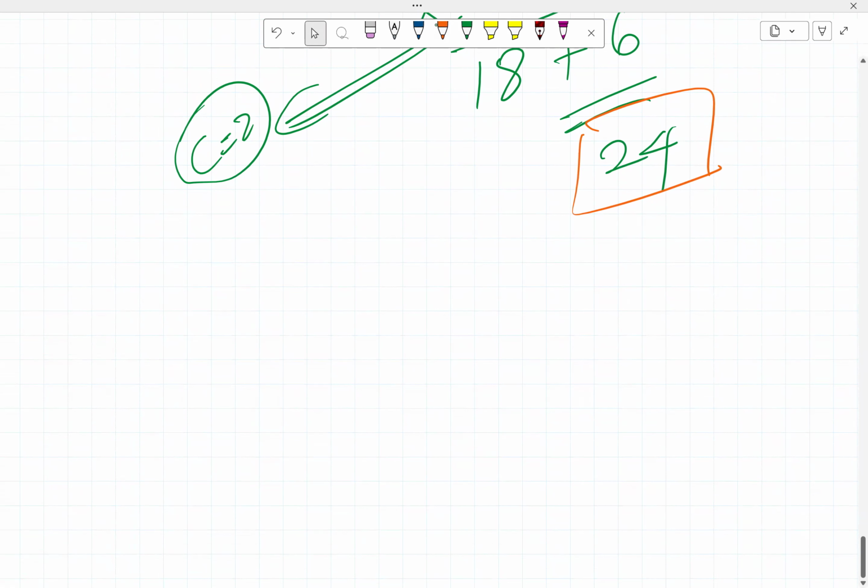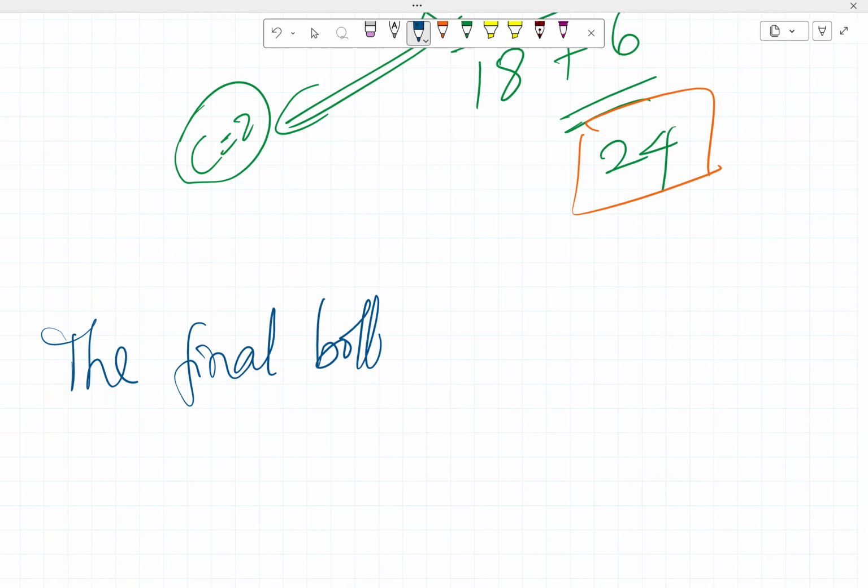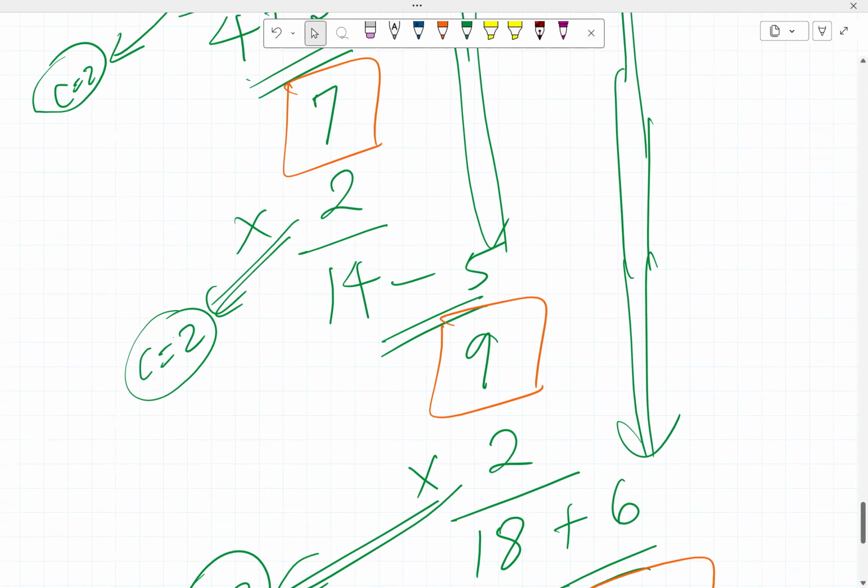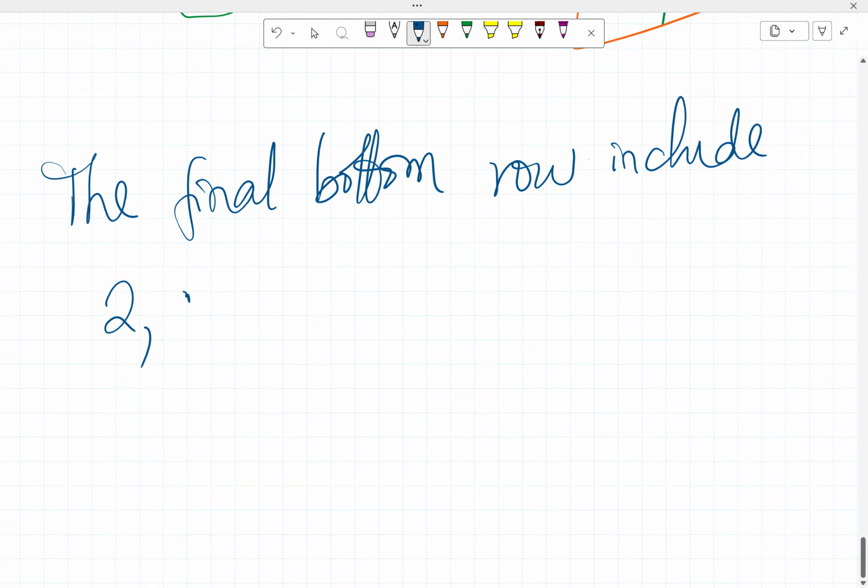So we can now say that the final bottom row includes those numbers: 2, 7, 9, and 24.